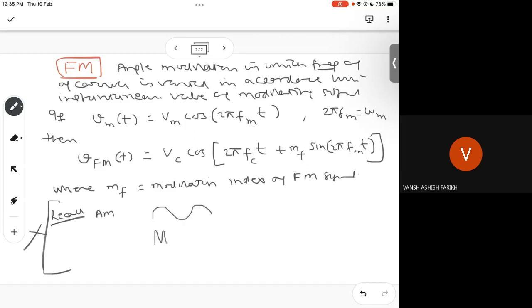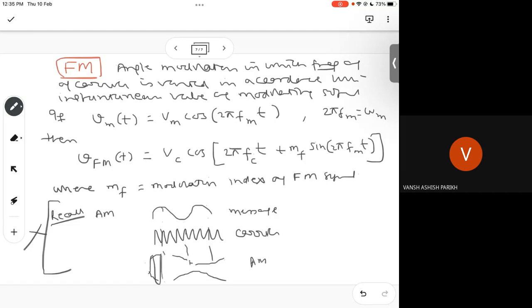This was my carrier signal. And my modulated AM signal was looking like this. Where there is a maximum, I got maximum. Where there is a minimum, I got minimum.